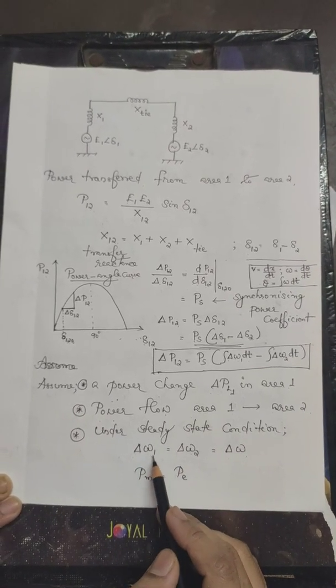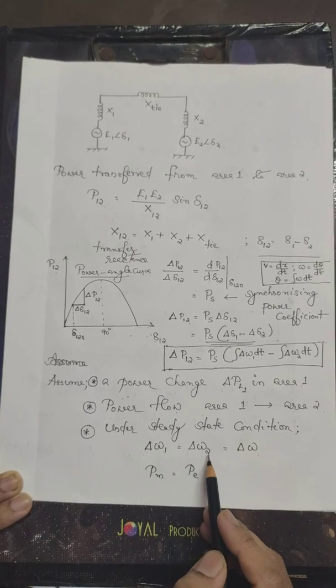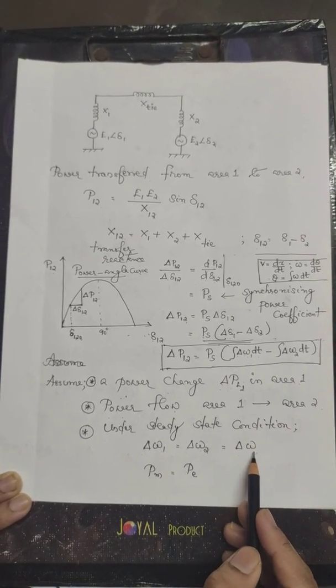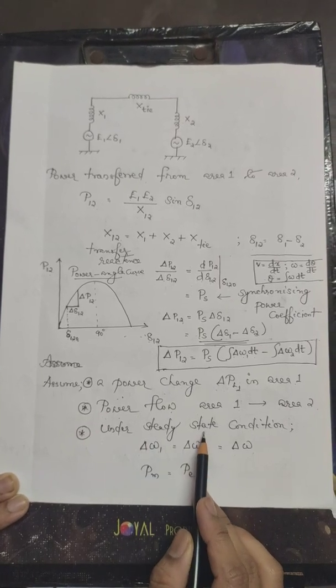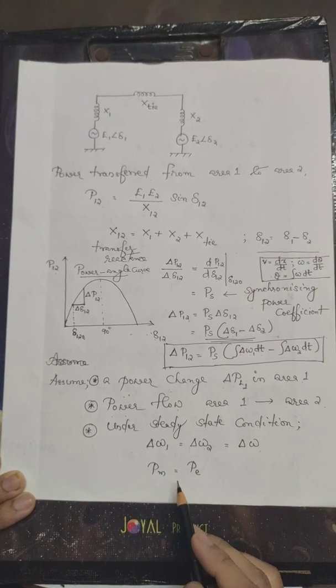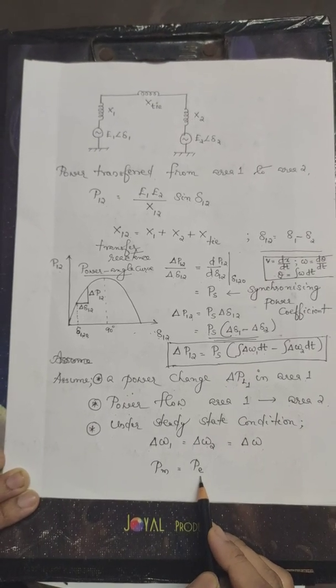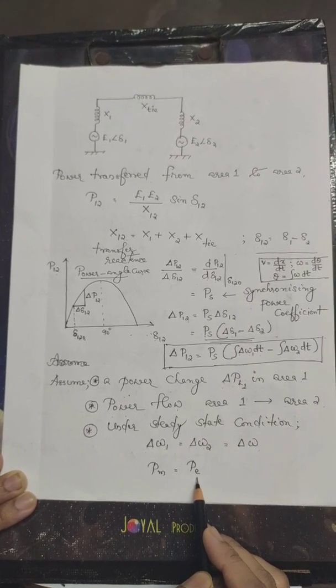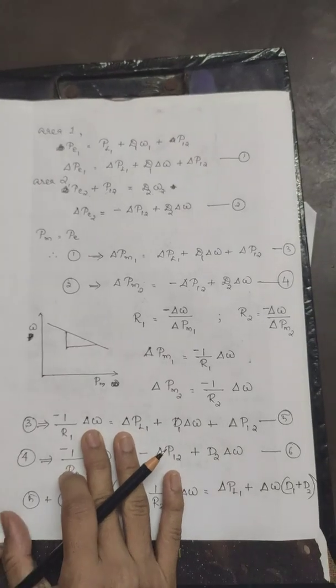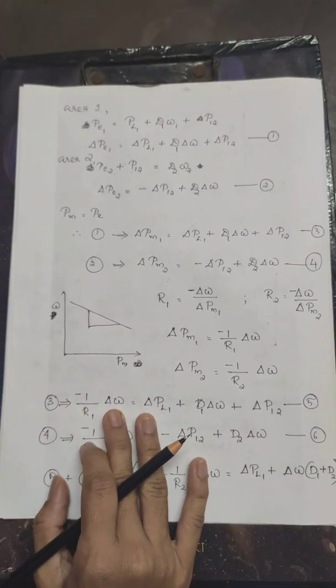That is, delta omega 1 is equal to delta omega 2, which can be written as delta omega. Also, under steady state equilibrium condition, the mechanical power input of a generator will be equal to its electrical power output. So using all these assumptions, let us model the block diagram for a double area AGC system.